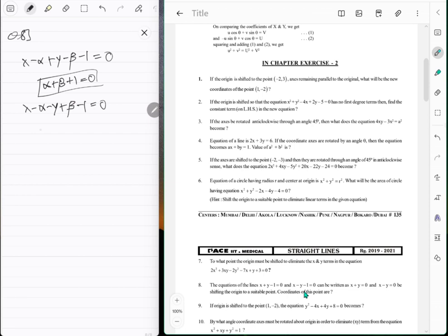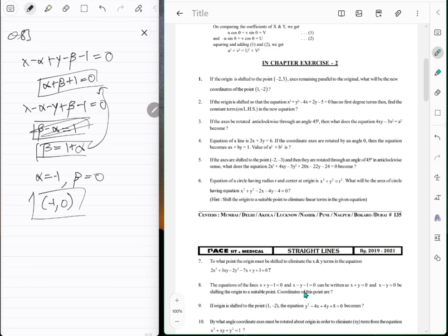Once again, the constants are all just constants, so beta minus alpha equal to 1, or beta is 1 plus alpha. Putting this into that, you have 2 into 1 plus alpha is 0. That means beta is 0, alpha is negative 1. So our point is negative 1 comma 0. There we go.